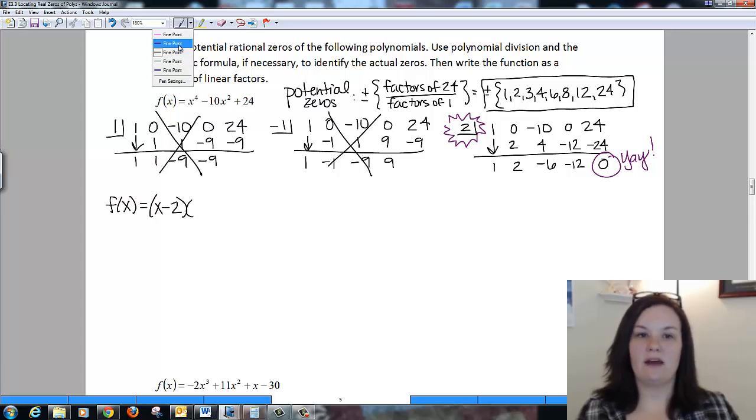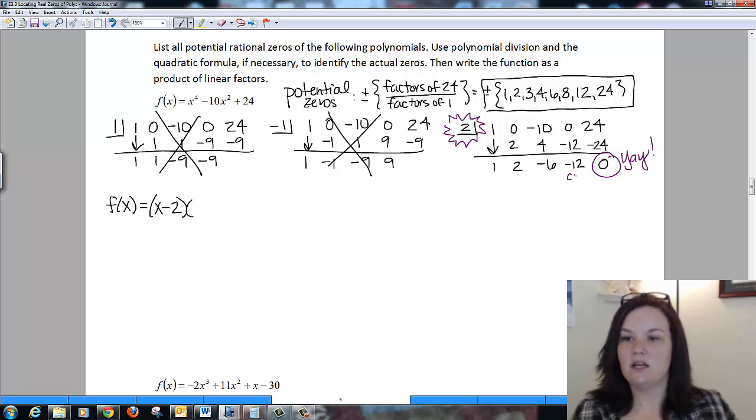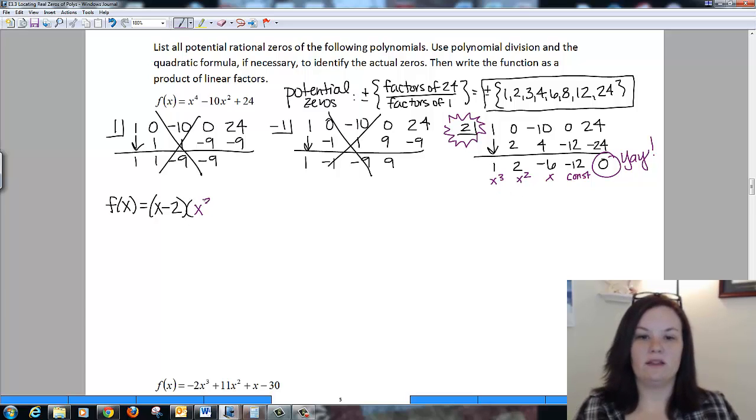The remaining factor, remember, is what I'm left with when I did my synthetic. So remember, this is my constant term, this is my x term, my x squared, and my x cubed. So what I'm left with is x cubed plus 2x squared minus 6x minus 12.